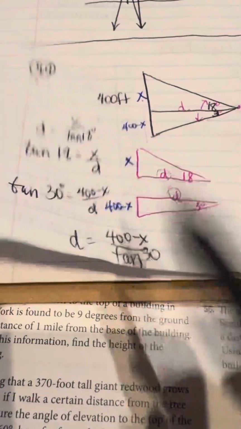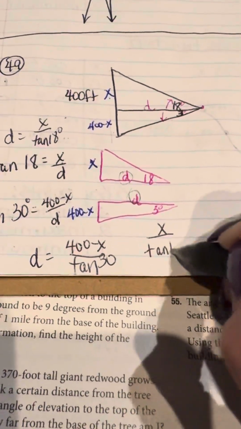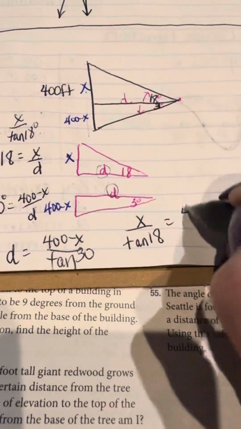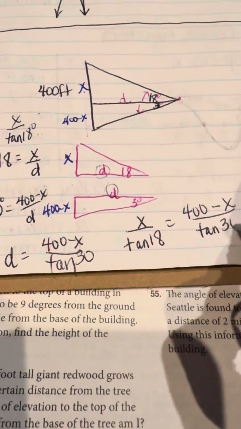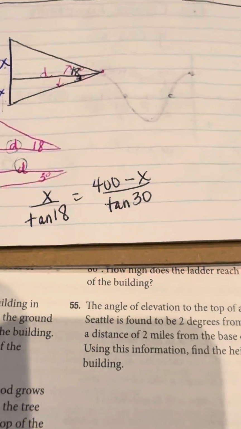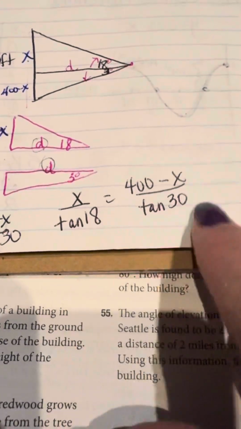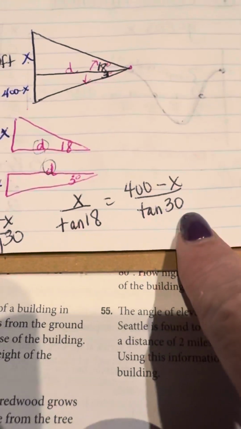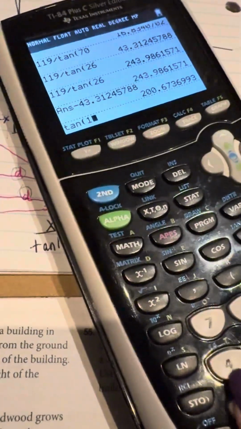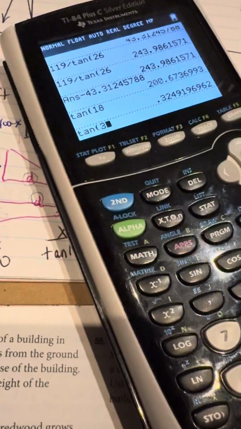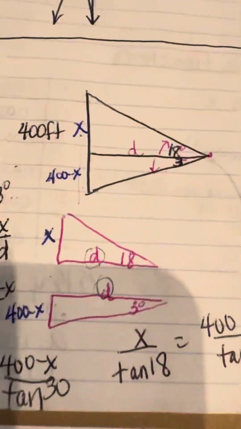So I can take these two equations and set them equal to each other, and then I can solve this proportion. I can take tangent of 18 and tangent of 3 and change those to decimals. I'm going to just replace those.